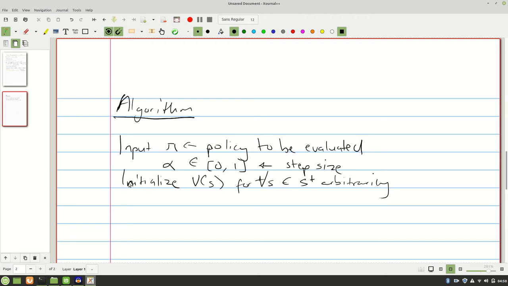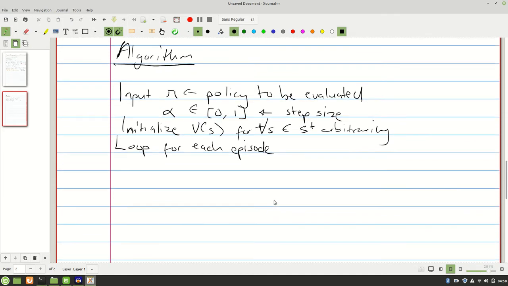The next thing we're going to do is loop for each episode, still similar to what we're doing in the Monte Carlo version of this. So we loop for each episode and we initialize S, our state, and then we loop for each step of the episode.